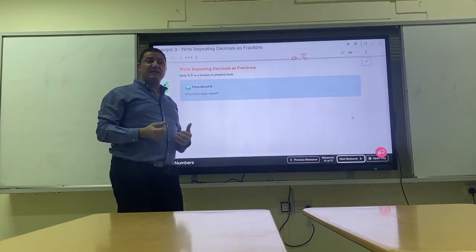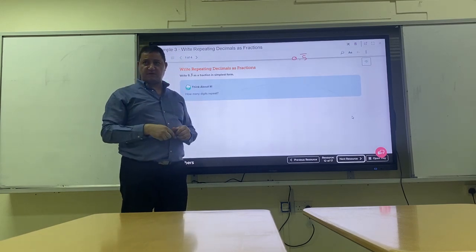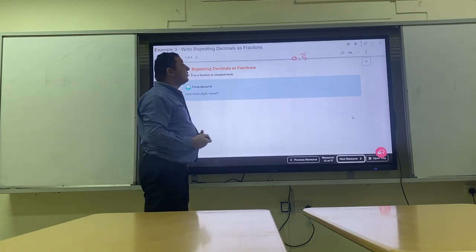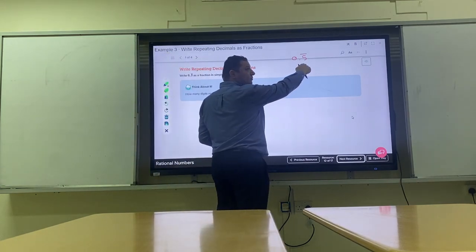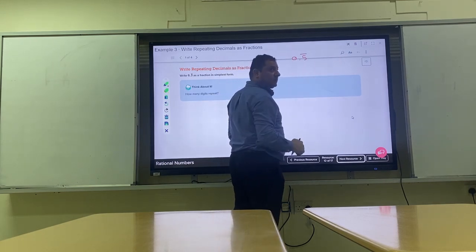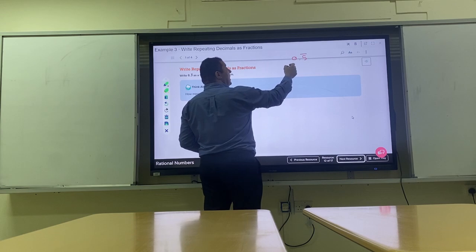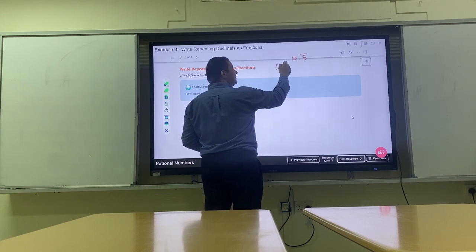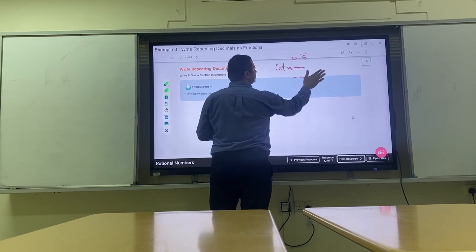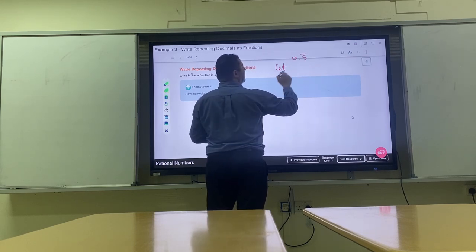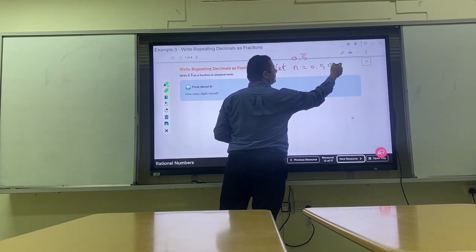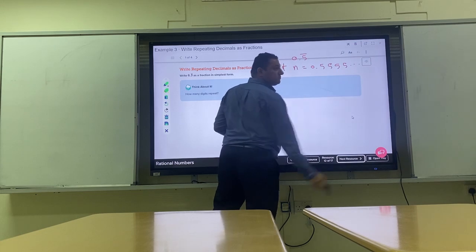Now I'm using a smart technique, because I know that 0.5 repeated is the same as 0.5555. Okay? Now I would say let n equal 0.5 repeated. That's the n.